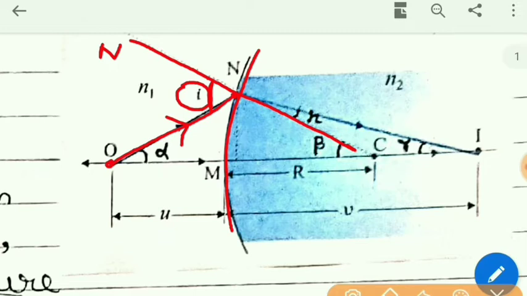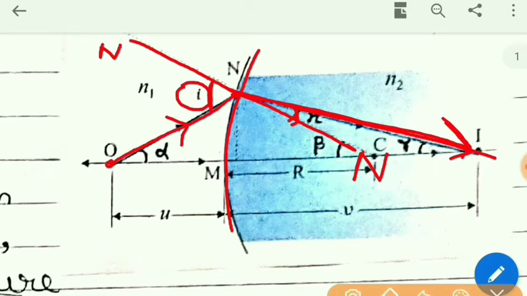Now this ray is a refracted ray and this line was the normal. So the angle made by this refracted ray with the normal is nothing but the angle of refraction, denoted by small r.